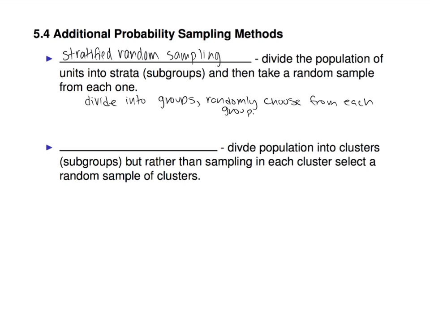of people. In this next one, you divide the population into something called clusters, which is also still subgroups, but instead of sampling in each cluster, you just pick one of the clusters, or 2 of them. That is called cluster sampling. So for here, let's say 10 groups of 6.